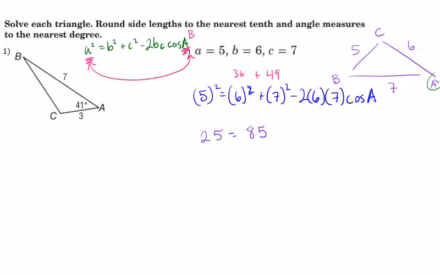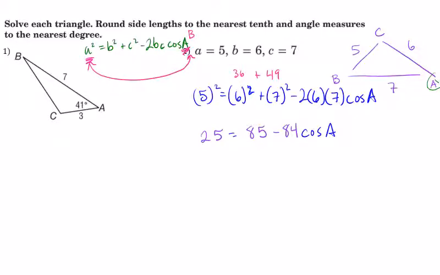So I changed that. And while I'm at it, I'm just going to multiply these together, since we're subtracting in between. So it'll be 2 times 6 is 12. 12 times 7 is 84. So it'll be negative 84. Okay. And then we'll bring down the cosine of A.